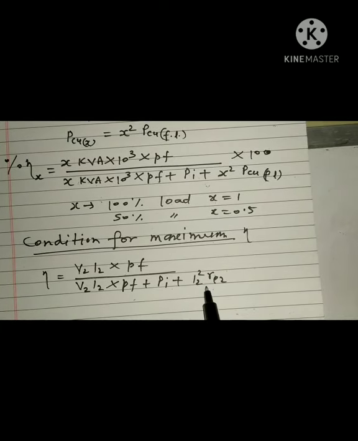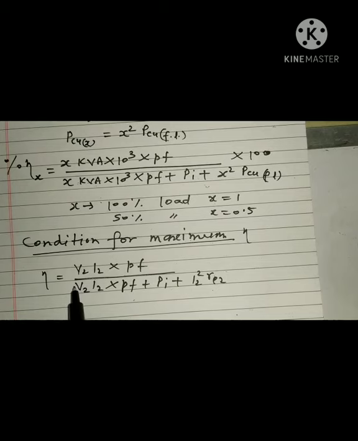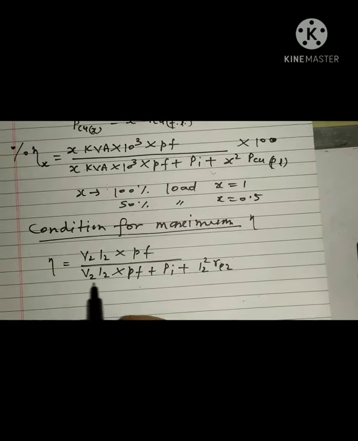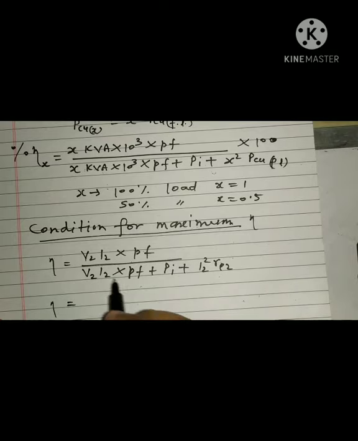Only variable is I2. So if I differentiate this efficiency with respect to I2 and equate it to 0 to have maxima condition, I will get condition for maximum efficiency, right? Or I can rewrite this efficiency expression dividing numerator and denominator by I2.